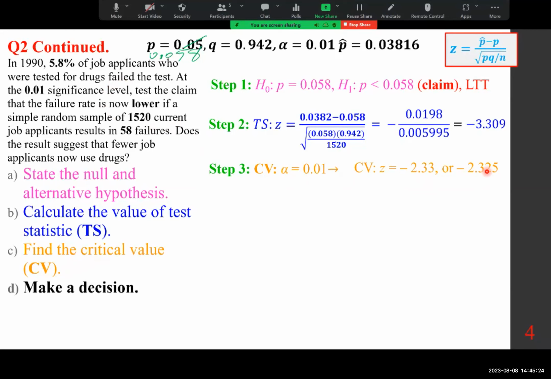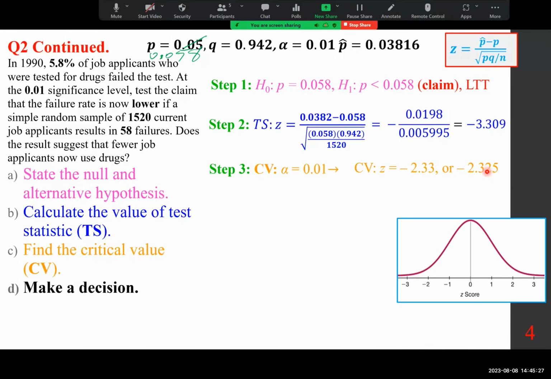You should always draw. So take a look at the general case. So you have alpha of 0.01 with the z being negative 2.325, so somewhere here. And if you draw that, then compared to that, what happens to this one? Is this in this area or in the tail? So take a look. This is negative 2.33 or negative 2.325. This is the critical value. Your test statistic.